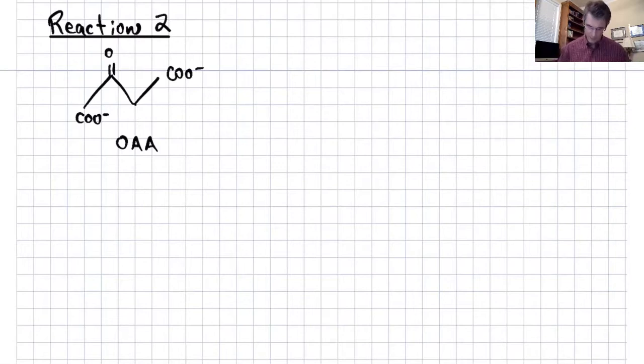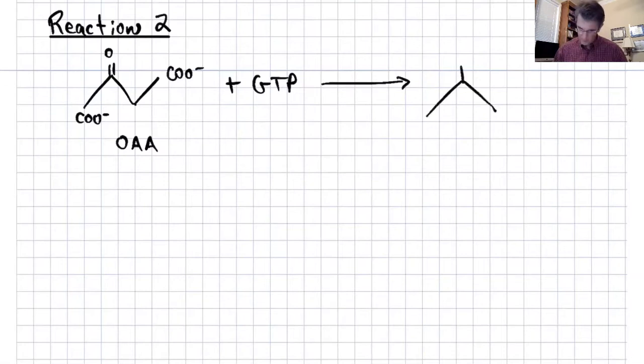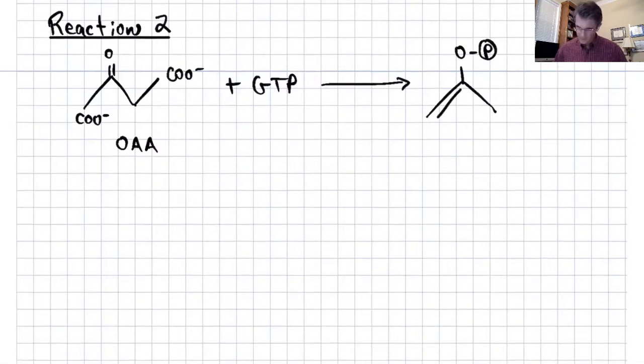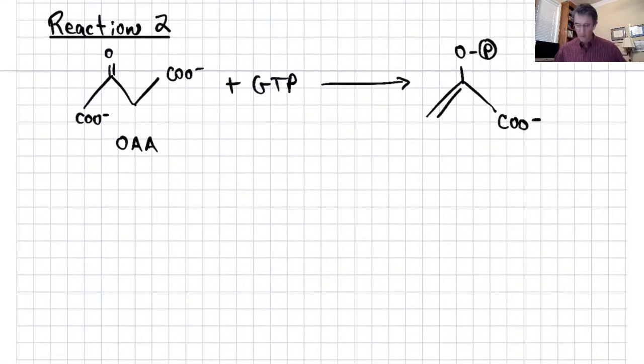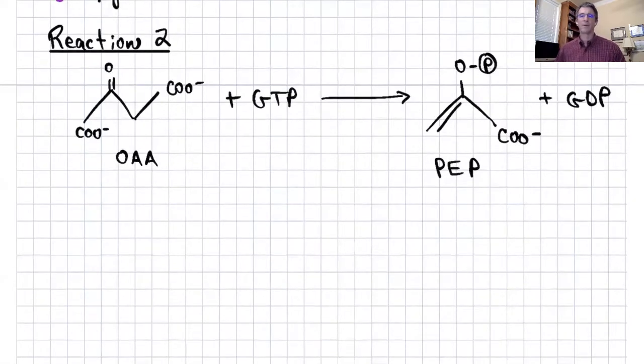This time, this enzyme uses GTP, right, to now synthesize a molecule you will remember, hopefully, this trapped enol of that carboxylate, that phosphorylated alpha keto acid known as phosphoenol pyruvate, right? Plus some GDP, right?